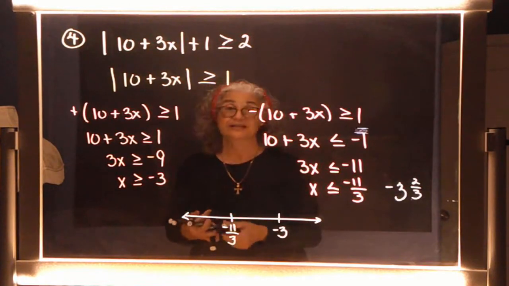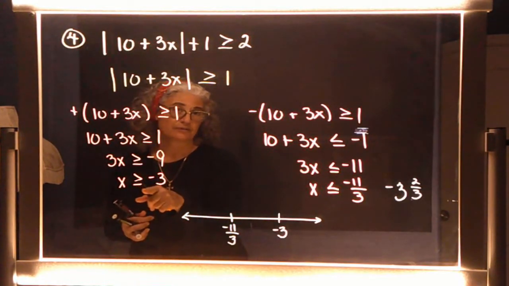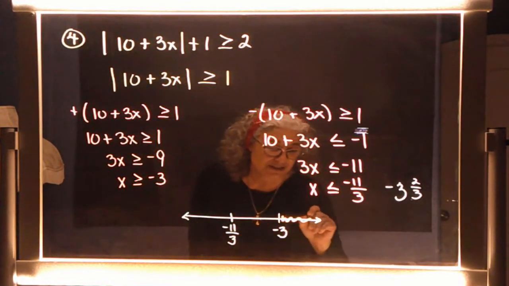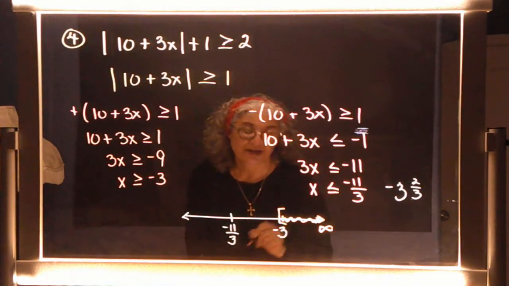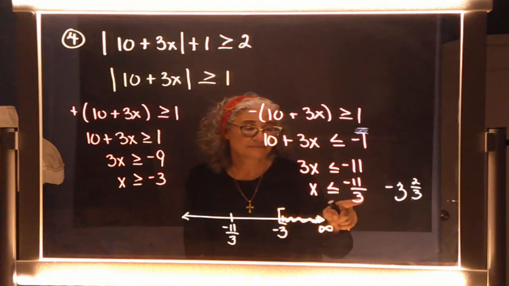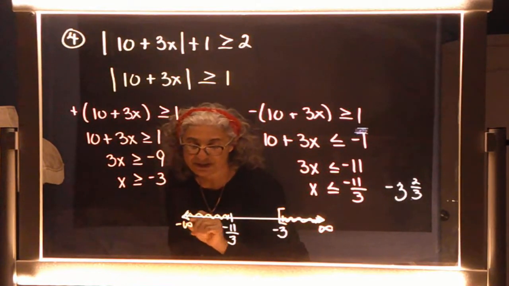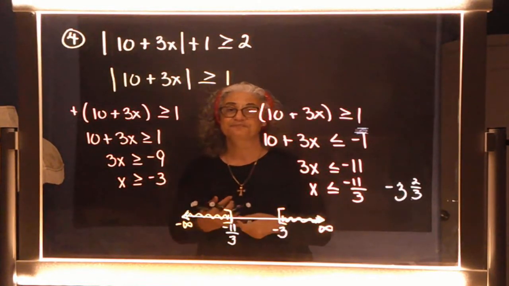Okay, time to graph. X is greater than or equal to negative 3. That means all the numbers to the right of negative 3 all the way to infinity. And that's right, this guy gets a bracket. This one, I want all the numbers to the left of negative 11 thirds all the way out to negative infinity. And it also gets a bracket, doesn't it?